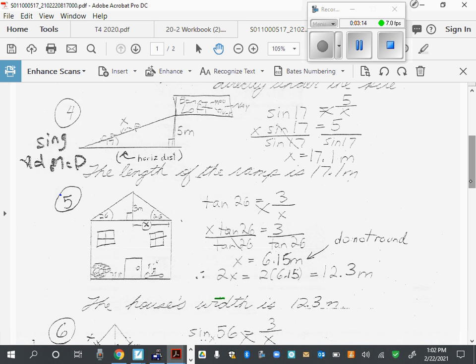Old MacDonald has a farm, E-I-E-I-O, and on his farm he has a pig, E-I-E-I-O, with an oink, oink here, and an oink, oink there, here an oink, there an oink, everywhere an oink, oink.